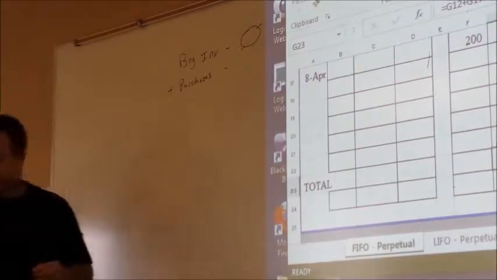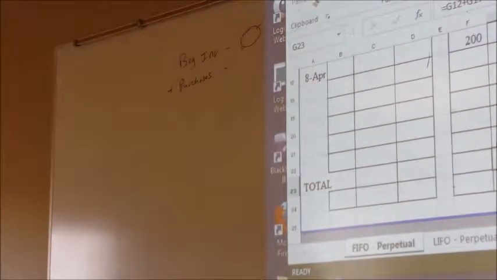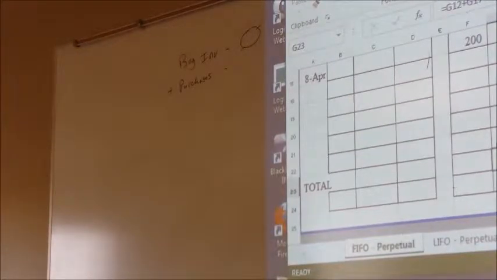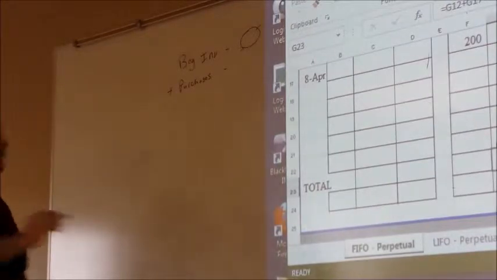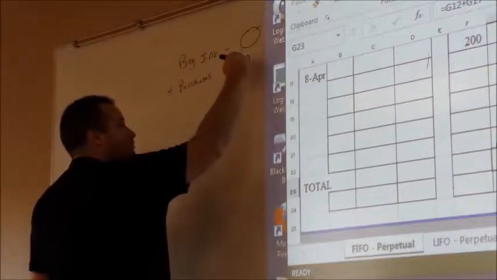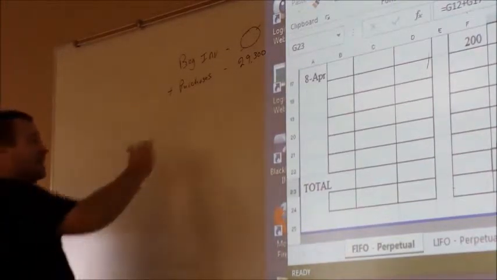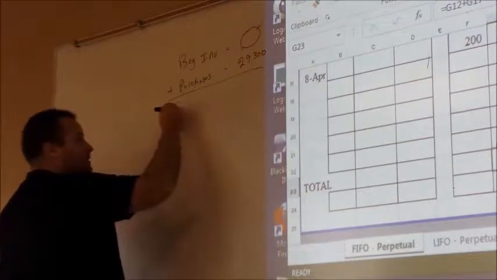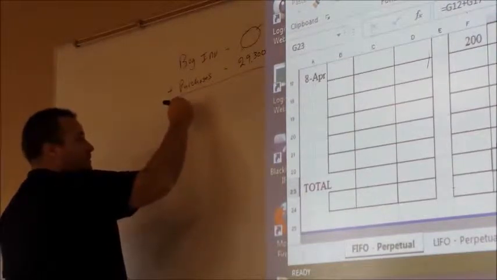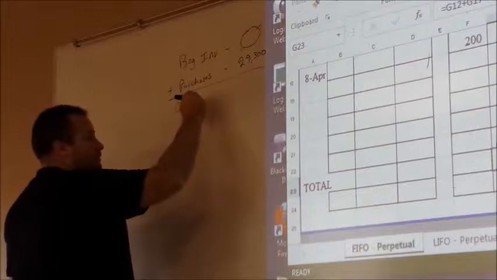How much in purchases did I have this week? 29,300. Yeah, 29,300. Now I didn't have any returns or anything, so that is my cost of goods available for sale. It's very easy on this one.